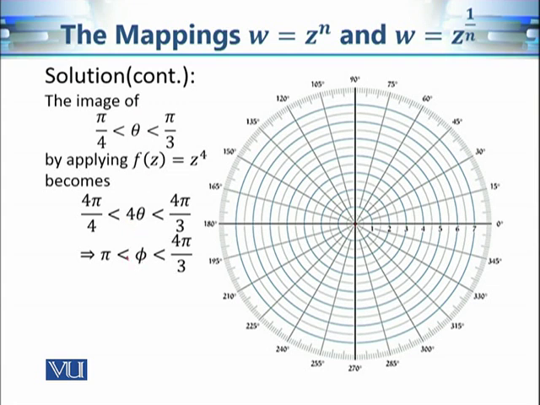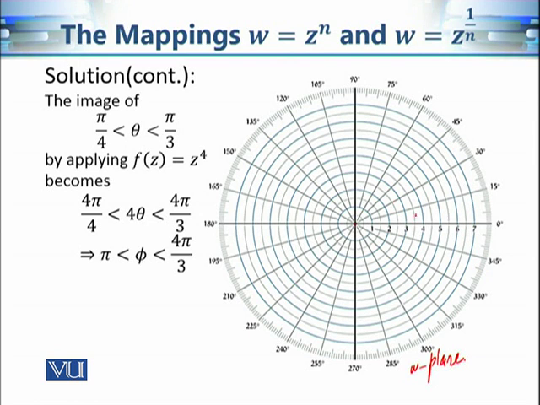So the image is basically complex numbers for which phi lies between pi and 4 pi by 3. Okay, so what kind of complex numbers lie in the image of this set A then? So let's say this is the W plane.